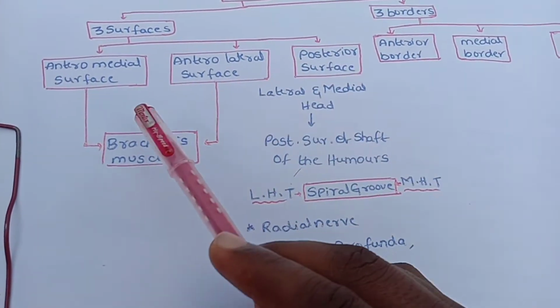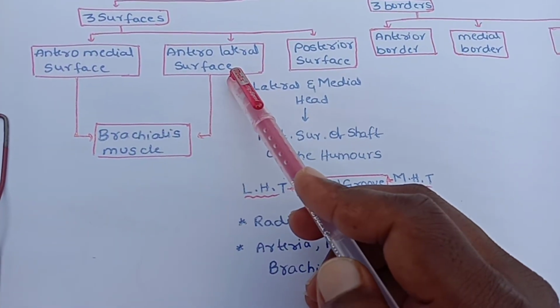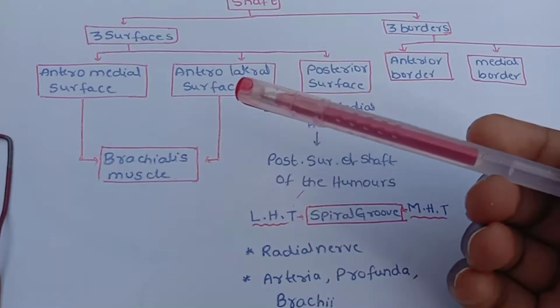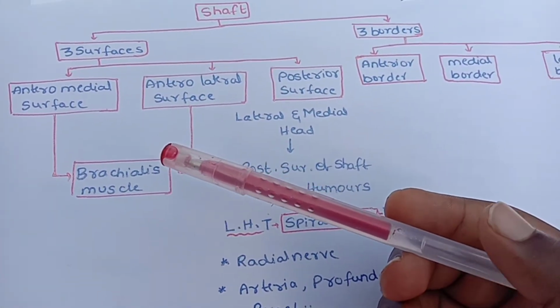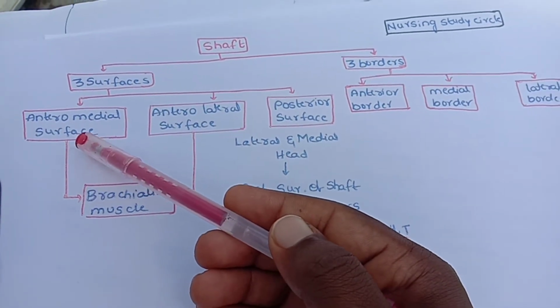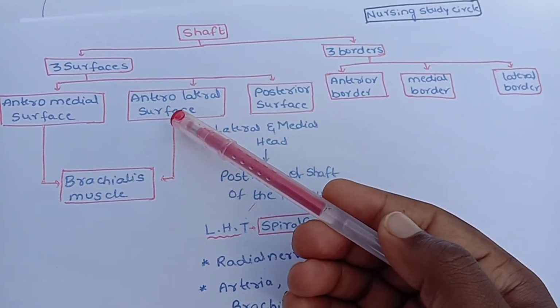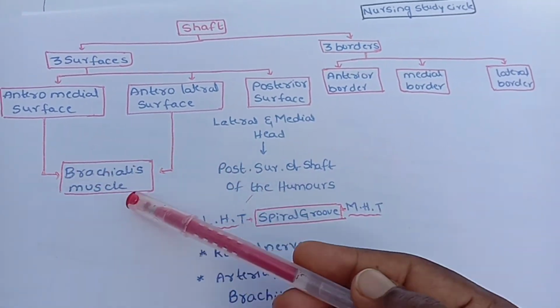On the anteromedial and anterolateral surfaces there is an origin of the brachialis muscle.